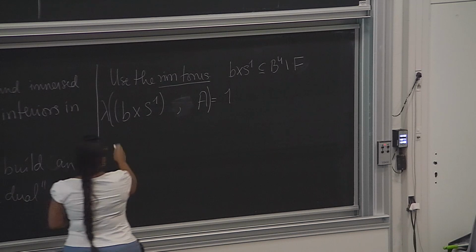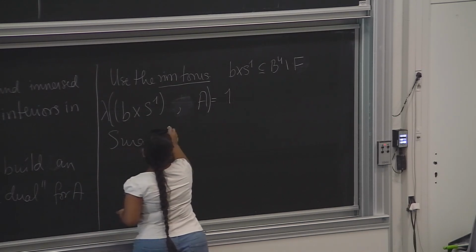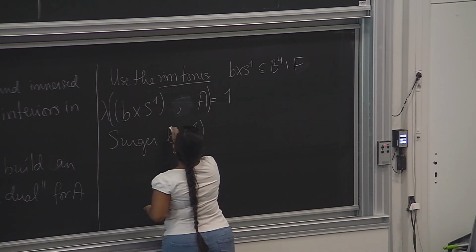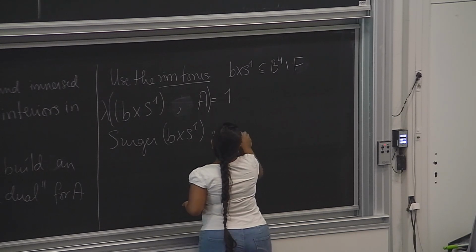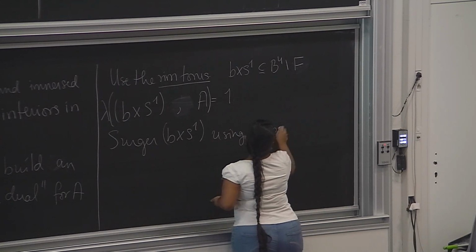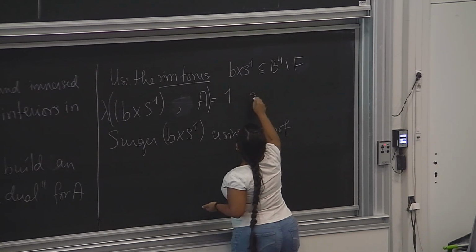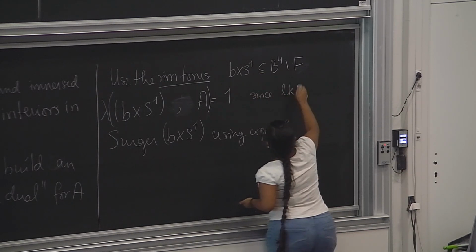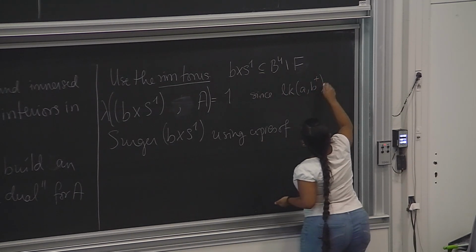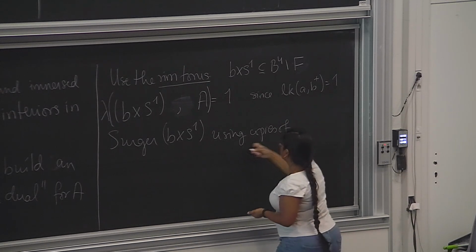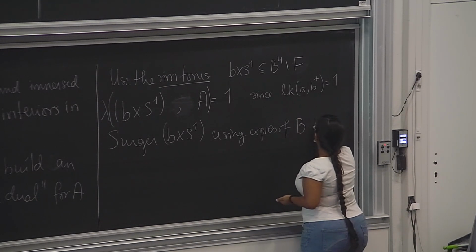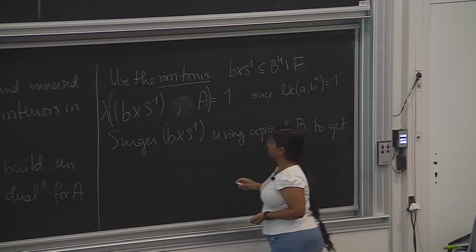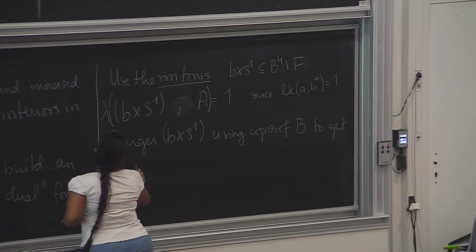So serger B cross S1 using copies of B. This is because the linking number of A and B plus is 1. You serger this using copies of B to get a sphere, just an immersed sphere.